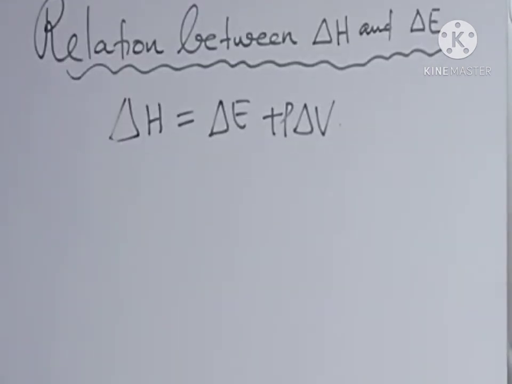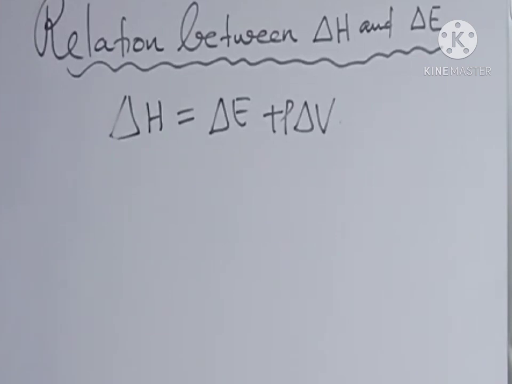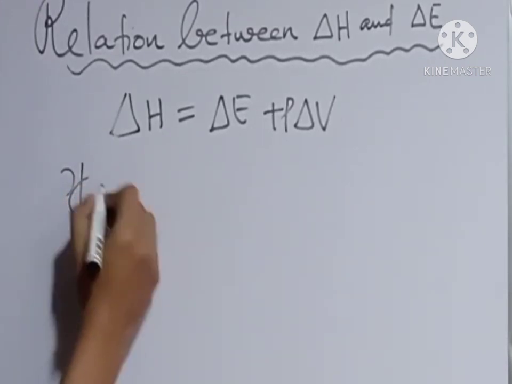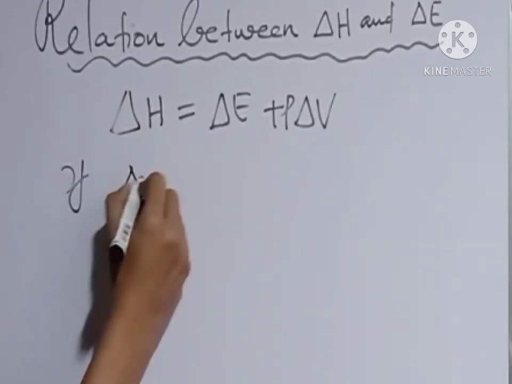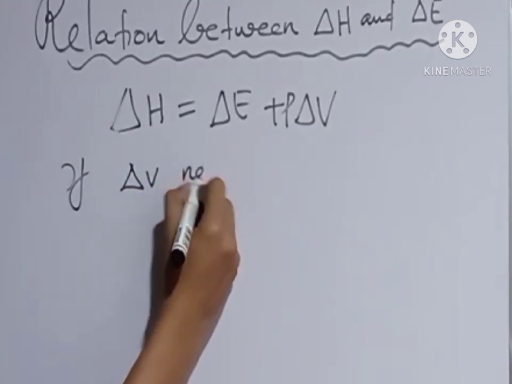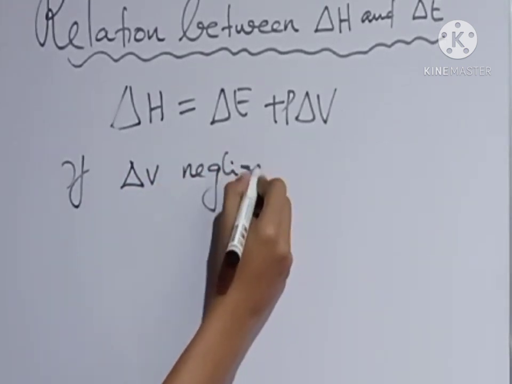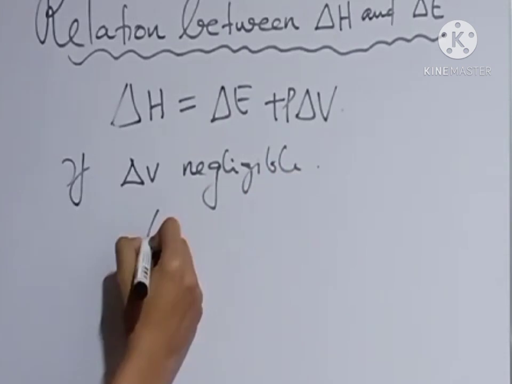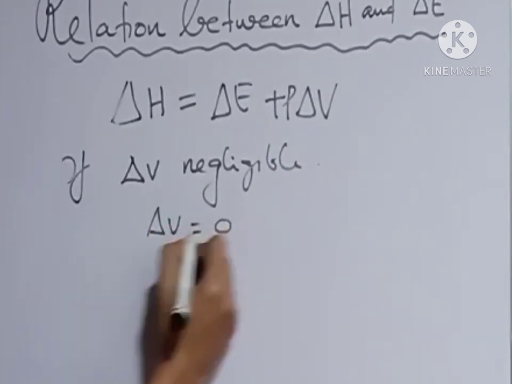So delta H equal to delta E plus P delta V. If we consider that the change in volume is negligible, then delta V becomes 0.